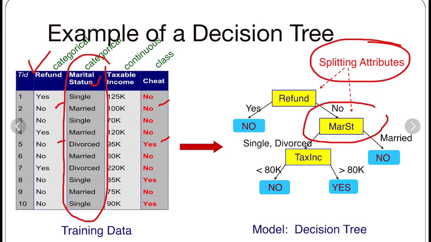If refund is no and marital status is married, then the cheat will always be no.